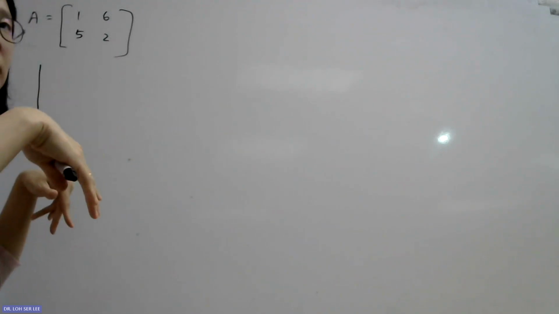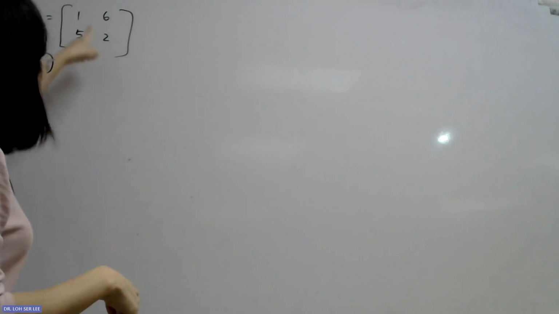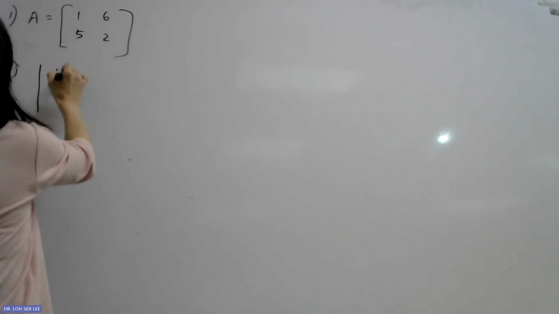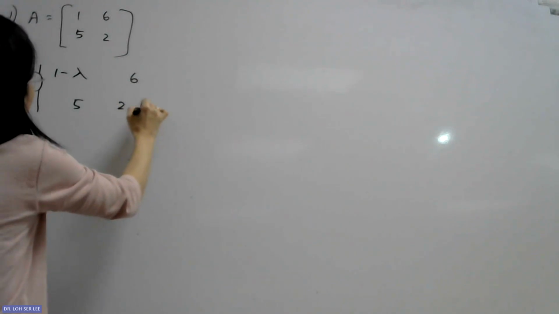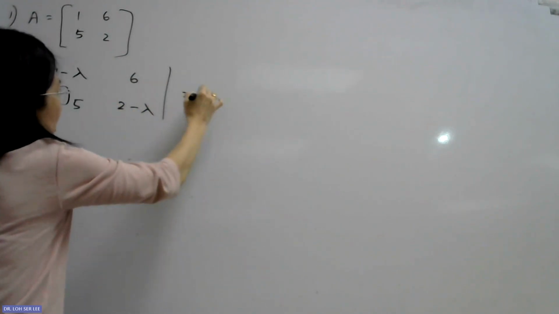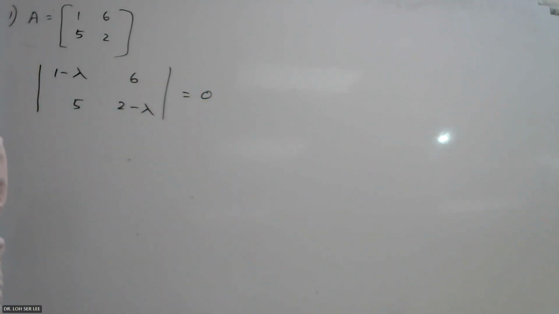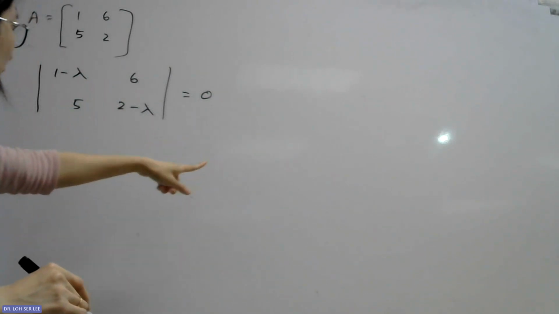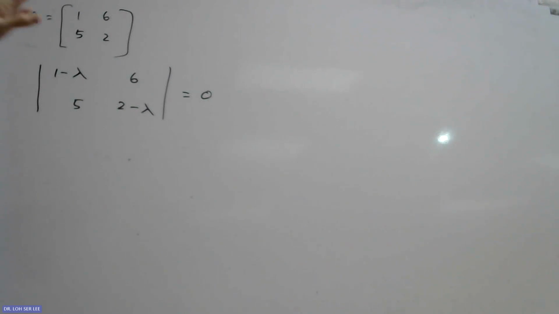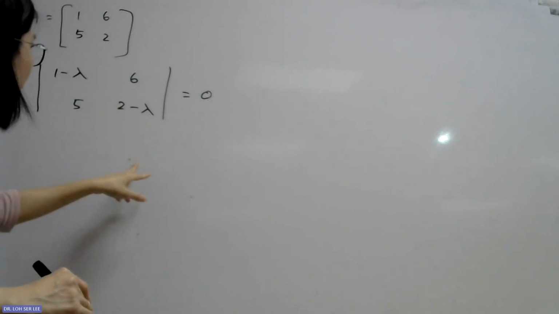Straight away form the determinant. Use the diagonal entries minus lambda, so 1 minus lambda, 2 minus lambda. We find the determinant, we let it be 0, then solve for the lambda.